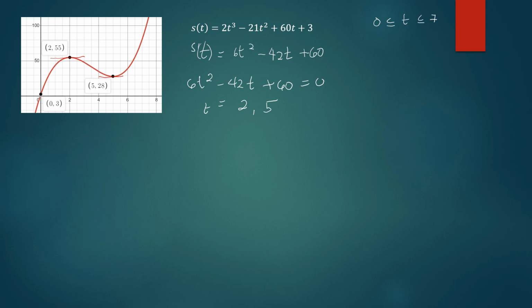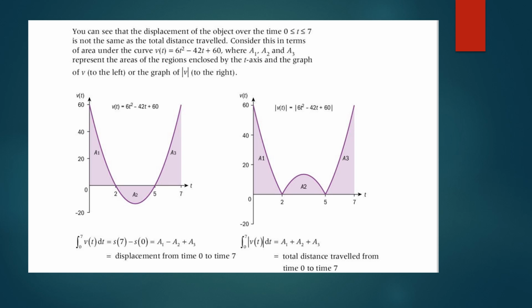And let's say we're asked to draw the motion diagram from 0. The displacement could be seen as area under the curve. So take a look at these two examples. The first one is similar to finding the displacement.